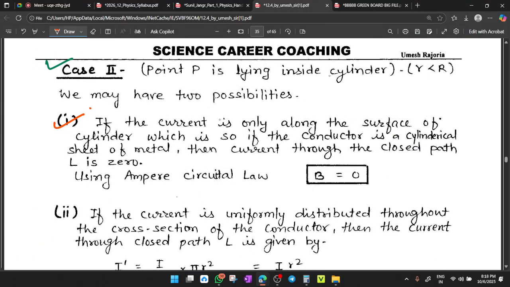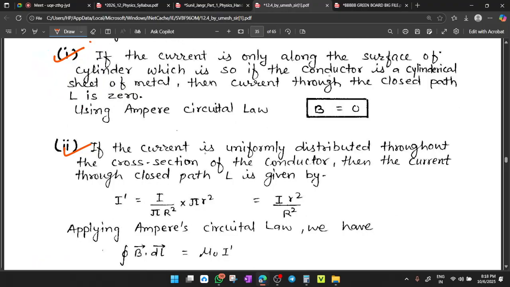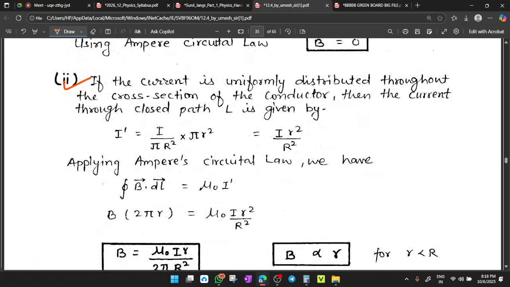Clear? Yes. Second case: if the current is uniformly distributed throughout the cross section of the conductor, then the current of the closed path L is given by... If the current is uniformly distributed through the cross section of the conductor, it means now you have been given a case where the whole cross section carries the current.